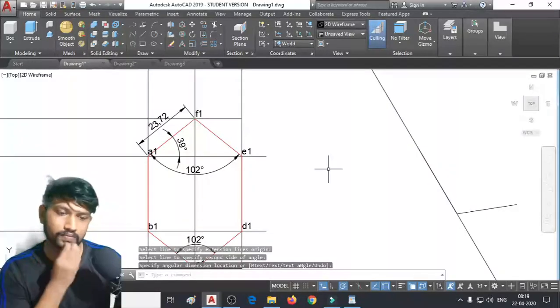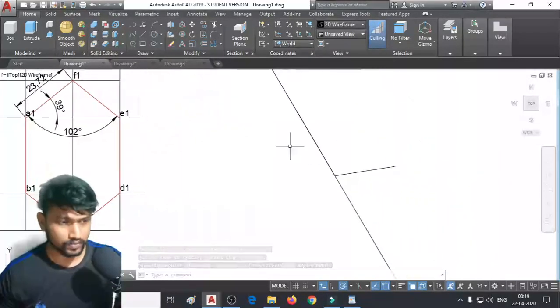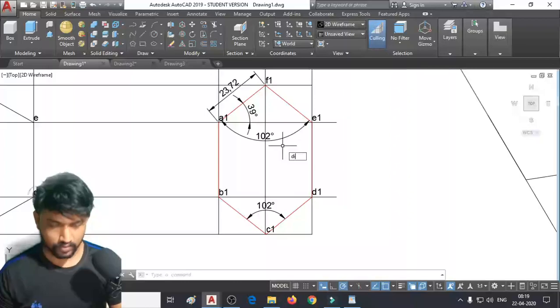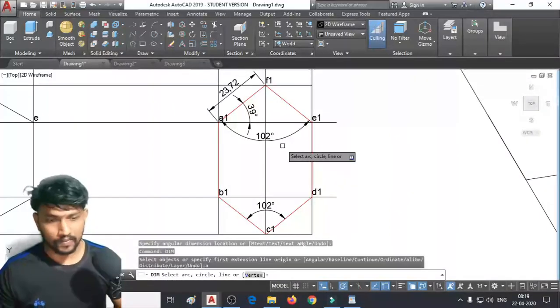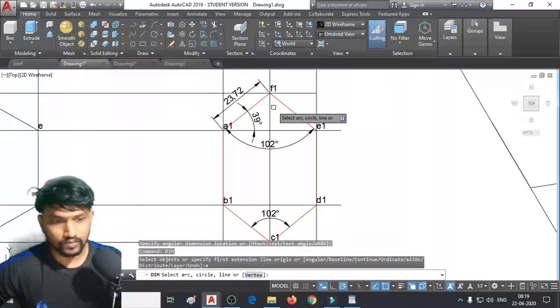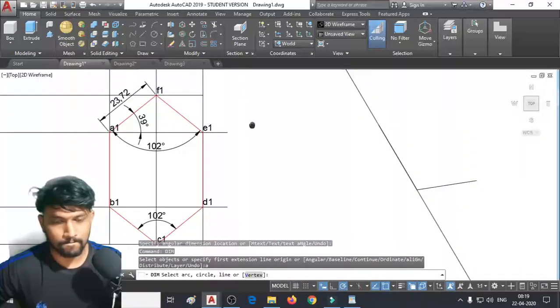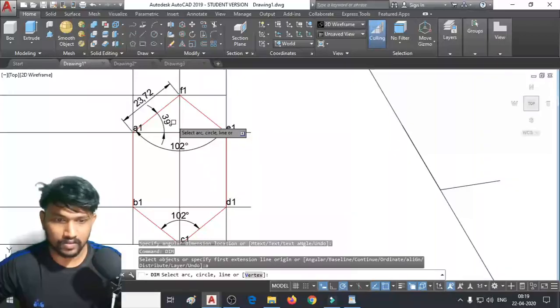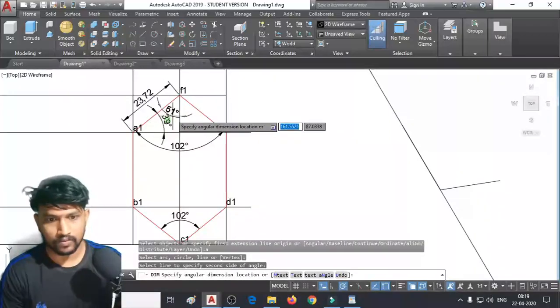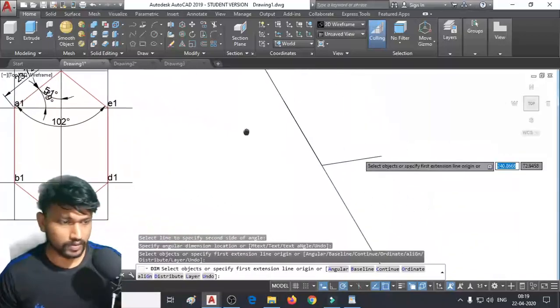No problem then. If that is 102, if we can draw a vertical line, it would become very much easier, right? 51, obviously.